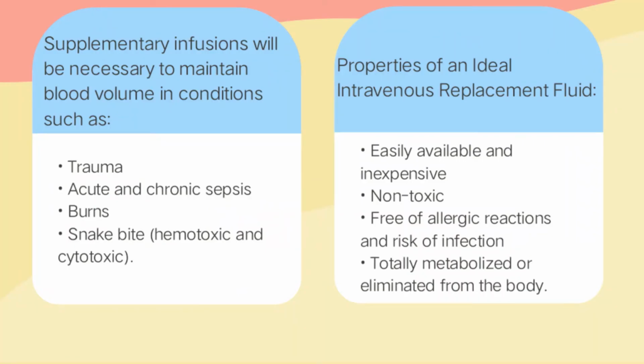In many conditions where capillary permeability is increased, they may leak out of the circulation and produce only a short-lived volume effect. Supplementary infusions will be necessary to maintain blood volume in conditions such as trauma, acute and chronic sepsis, burns, and snakebite.